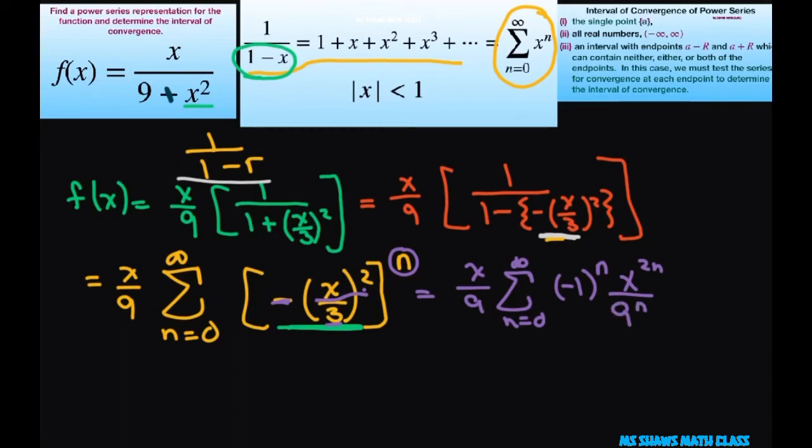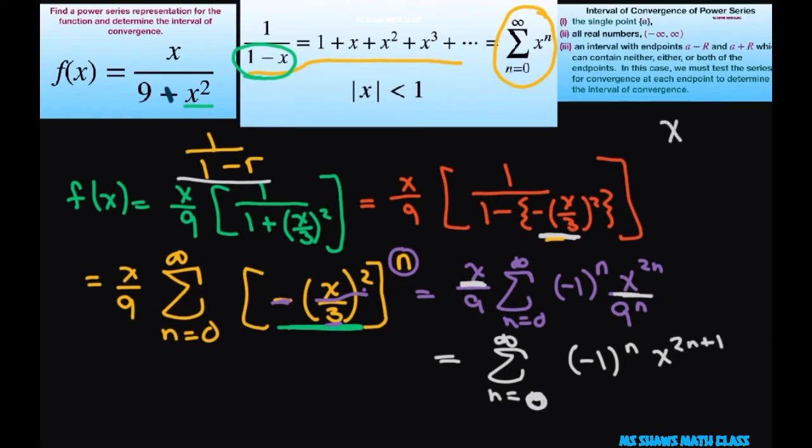All right, and then if you want to go ahead and multiply through, this would be the sum n equals 0 to infinity, negative 1 to the nth power. When you multiply these two, you're going to get x to the power of 2n plus 1.